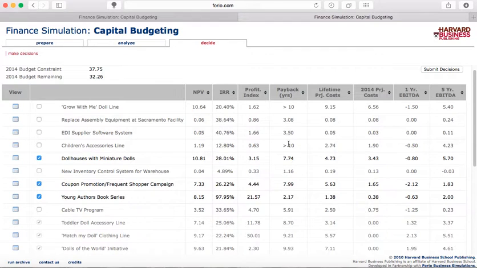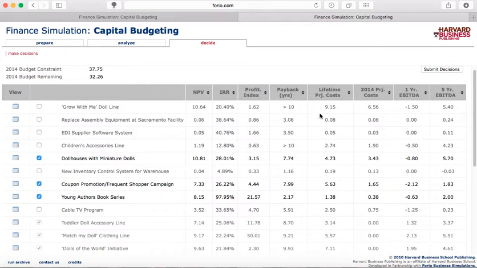Because looking at these projects, this one, the Grow With Me doll line, does have a very significant NPV compared to the children's accessory line. Internal rate of return is also higher. The children's accessory line does not look like it will be making us a profit to cover our investments, but the Grow With Me doll line will be making 62 cents for every $1 of investment.